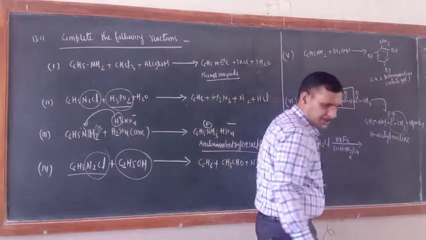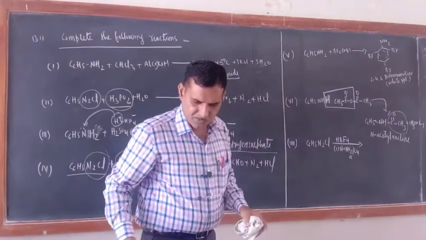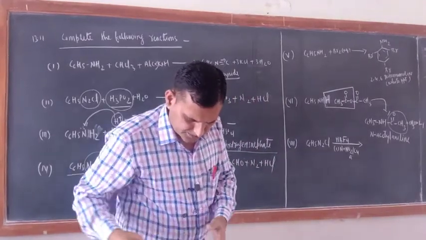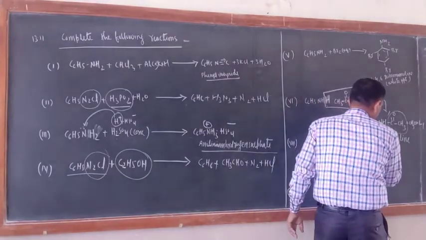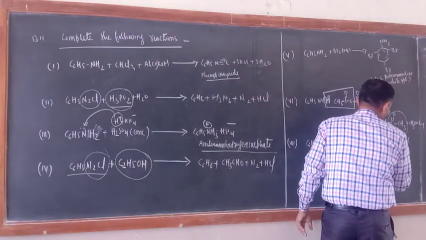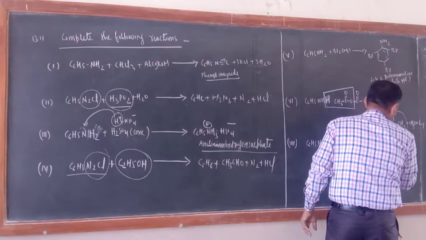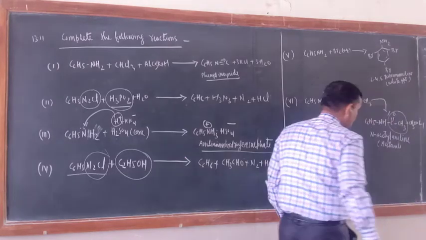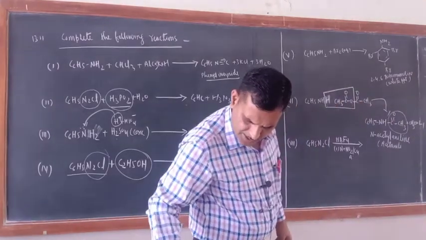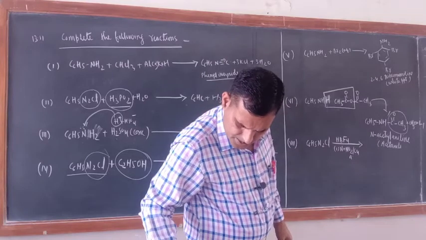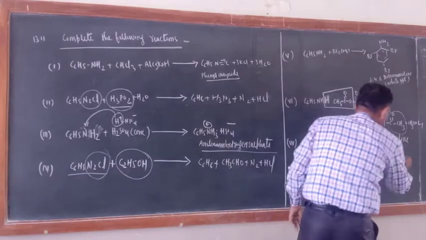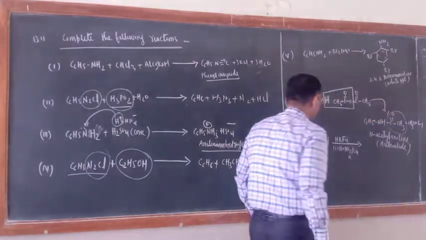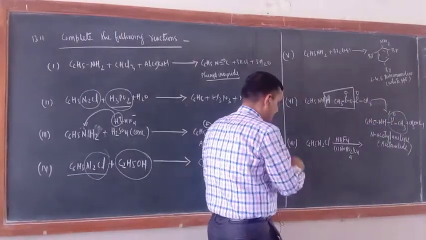Now you can write its another name also. What is the other name of this one? Acetanilide. N-acetyl aniline or acetanilide. Yes, I am checking the spelling. Okay, this is there.